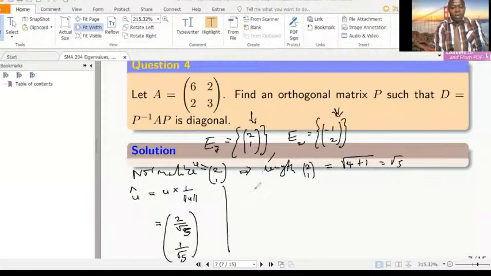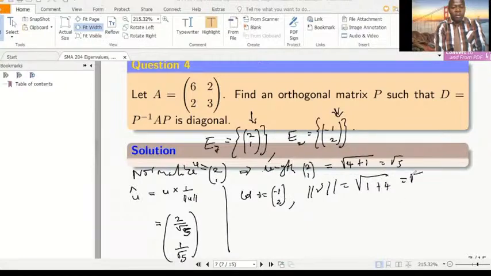Now let's also normalize the other vector. Let me call this eigenvector v. So I want to normalize v, so first of all I get the length of v. The length of v will be negative 1 squared, which is 1, and then 2 squared, which is 4.